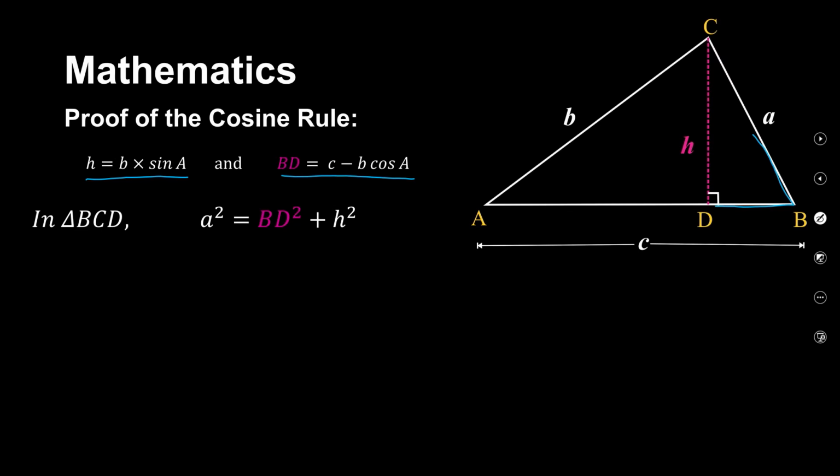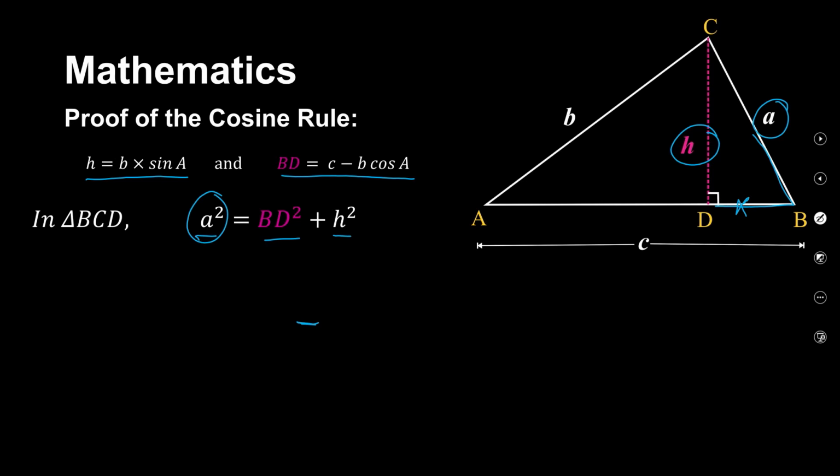The hypotenuse squared, so A squared, must equal this side squared, so BD squared, plus H squared. That's just the theorem of Pythagoras, which we're quite comfortable with. The reason we're using Pythagoras is because we want to prove that A squared is equal to B squared plus C squared minus 2BC cos A.